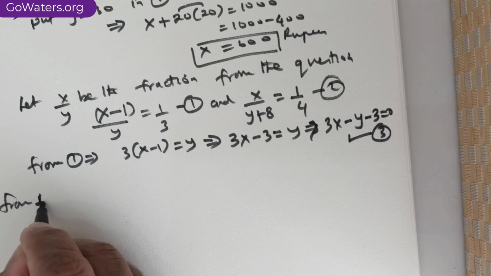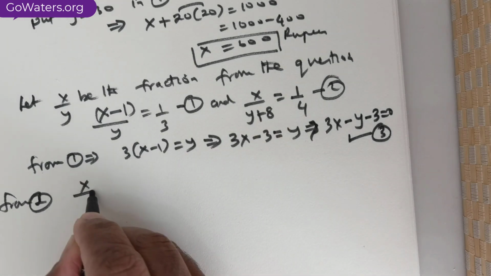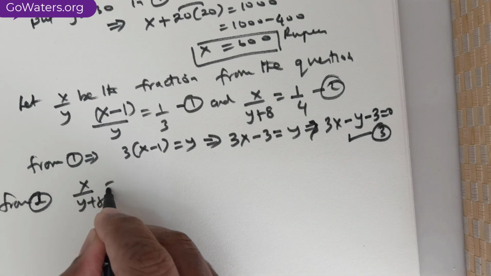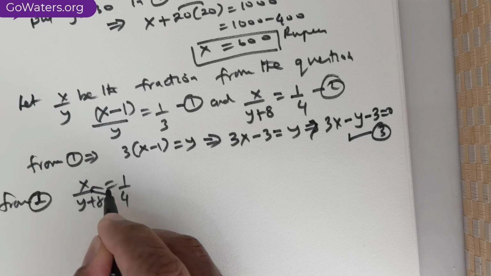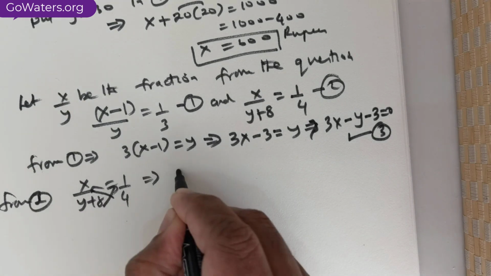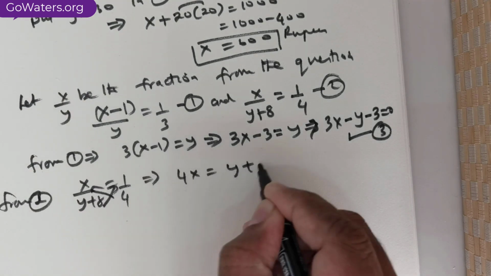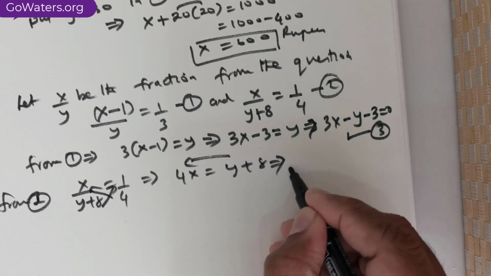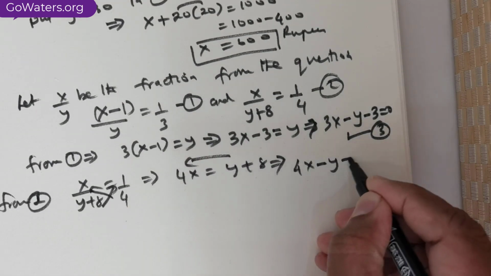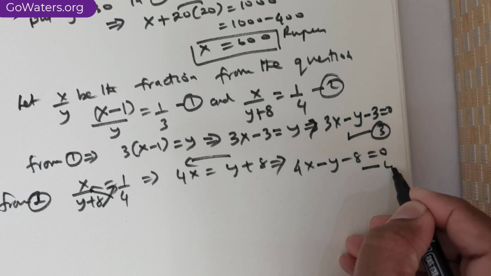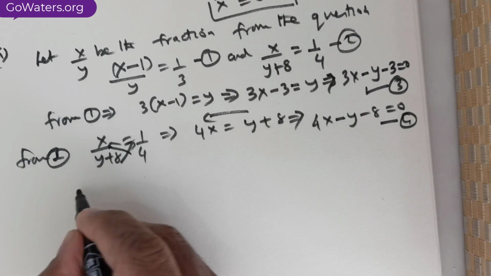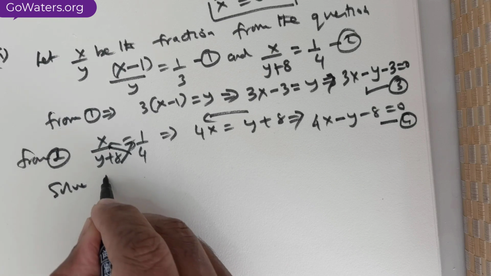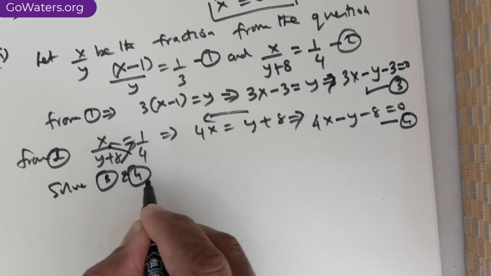Now from 2, you got X over (Y positive 8) is equal to 1 over 4. Cross multiply. So if you cross multiply, you get 4 times X is equal to Y positive 8. Bring everything to the left. So this would mean 4X negative Y negative 8 is equal to 0. Take this as 4. So now you have to solve 3 and 4.